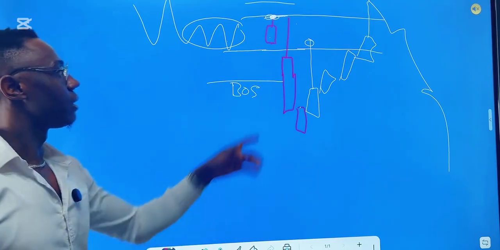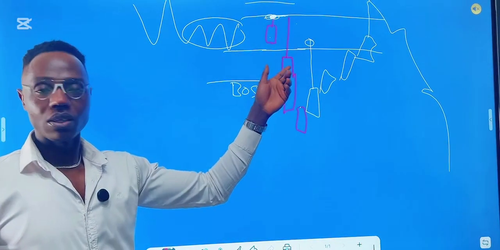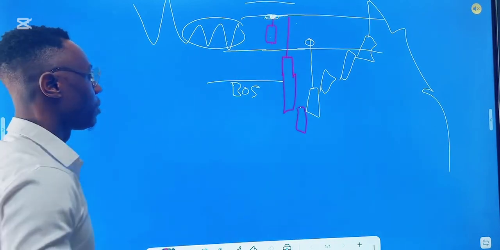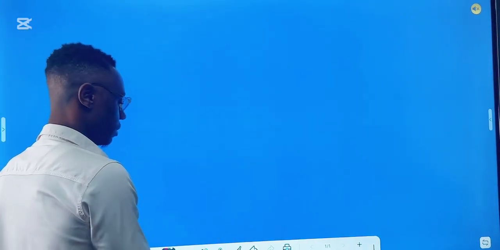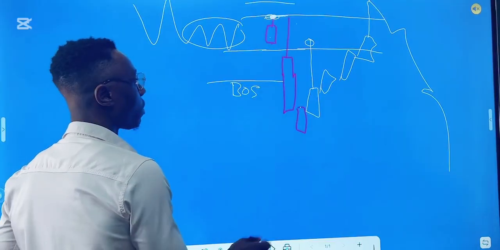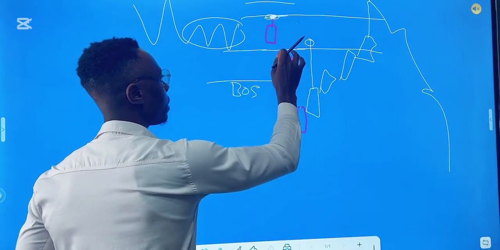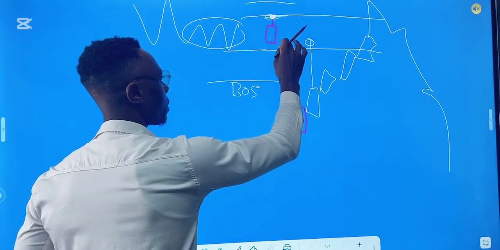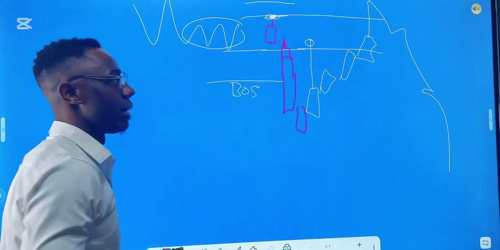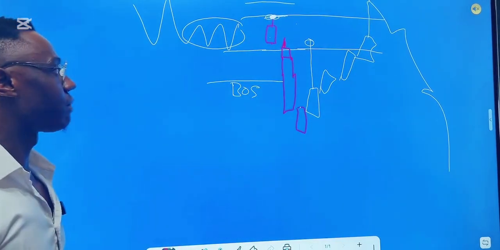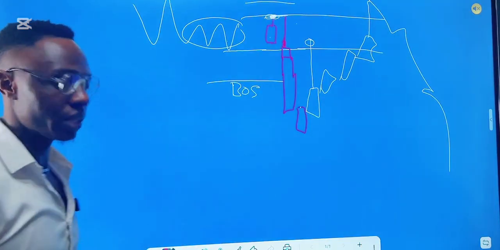This is not an order block. But you can find an order block like this, maybe like this, somewhere like this. Yeah, that is perfect. But once the wick crosses the order block, no, it's not an order block.